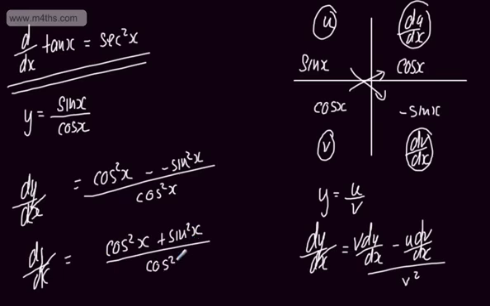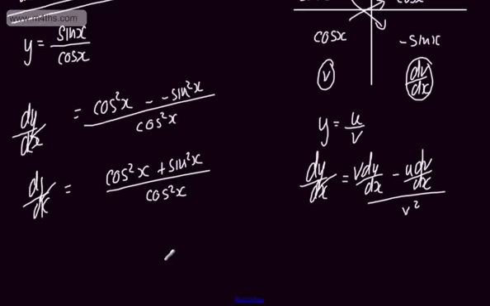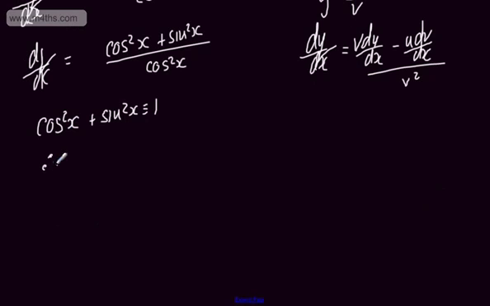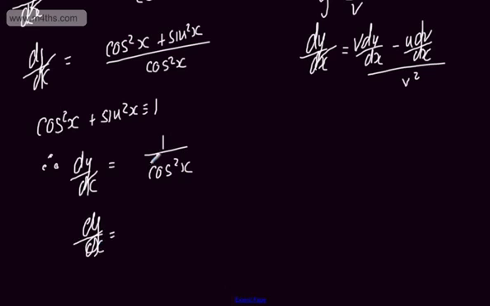At this stage, we know the trig identity that cos squared theta plus sine squared theta is equal to 1. We can say cos squared x plus sine squared x is equal to 1. Therefore dy by dx will be equal to 1 over cos squared x, and using our reciprocal trig identities, 1 over cos squared x is equal to sec squared x.